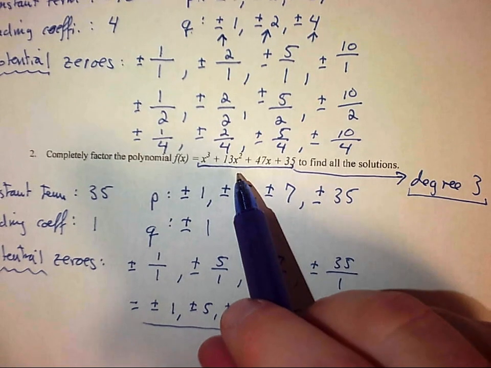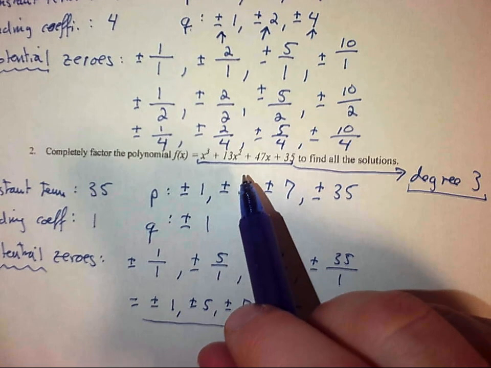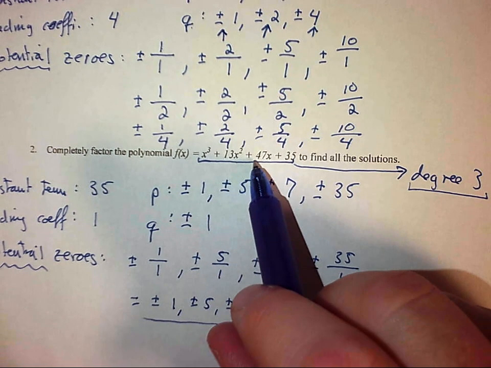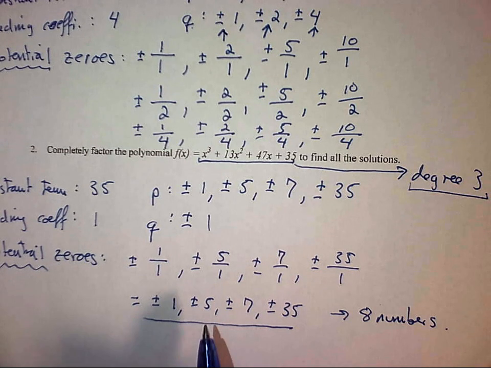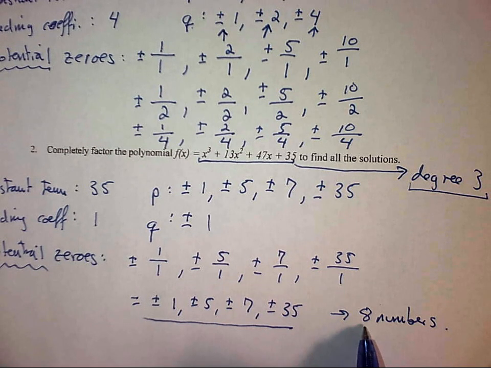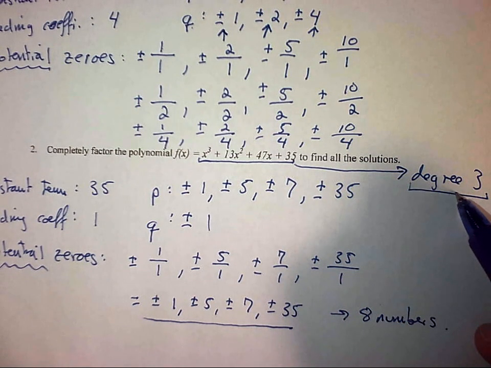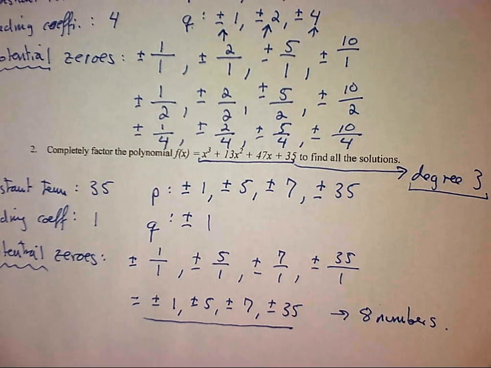Well, we've taken all possible numbers that could potentially be zeros, and we've narrowed that down to a set of 8 numbers, shrinking the set of potential zeros from potentially infinity all the way down to 8 numbers. So we're shrinking it by a lot. Now, we're not quite there yet because we only have 3 real candidates for zeros in here, but that's what we're doing with this first step.